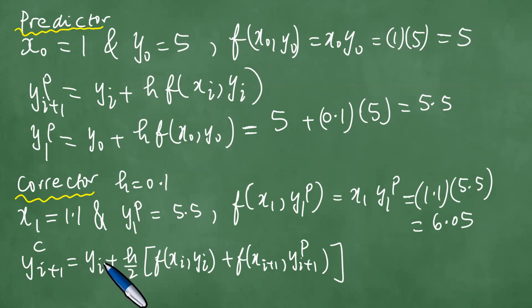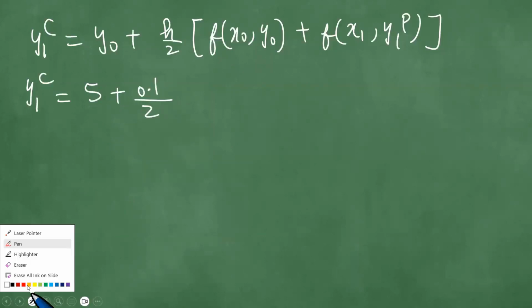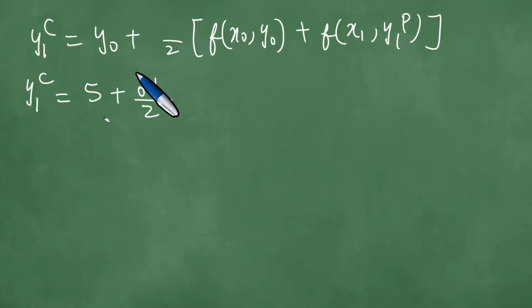Obviously we have got exactly what y0 is, because y0 is 5. H is 0.1, 2. Just making the H clear because it doesn't look like a clear symbol.